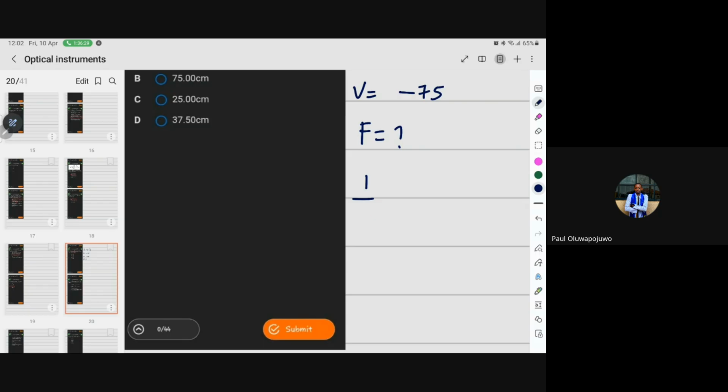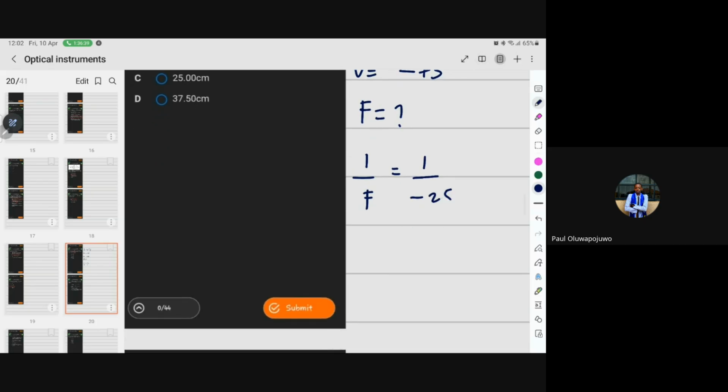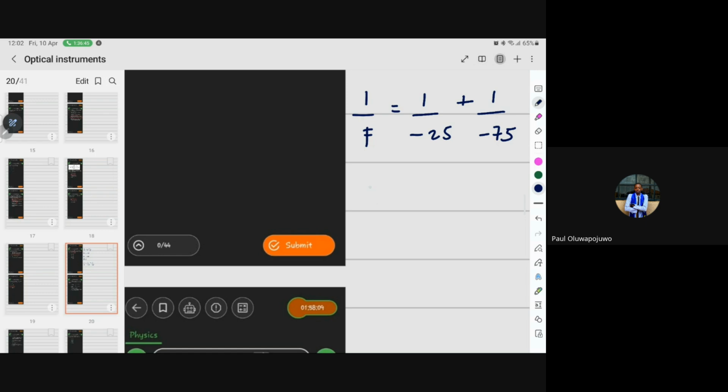I have 1 over f equal 1 over minus 25 plus 1 over minus 75. So once you work this problem out, 1 over f is more like saying minus 1 over 25 minus 1 over 75.